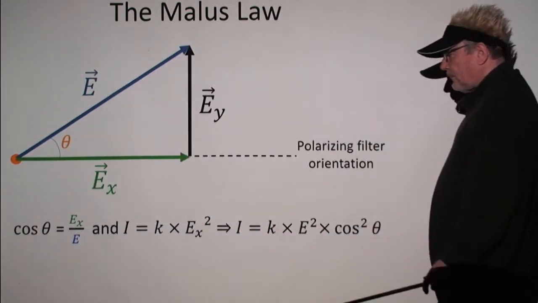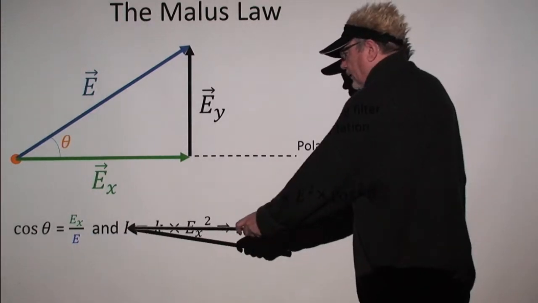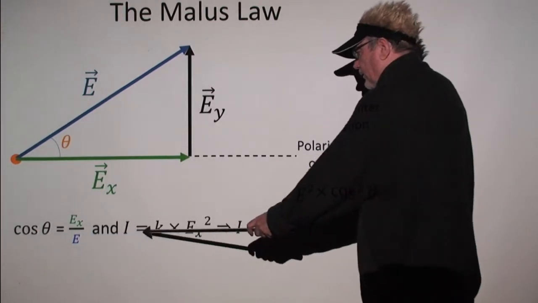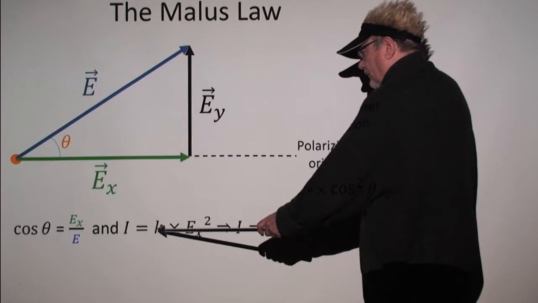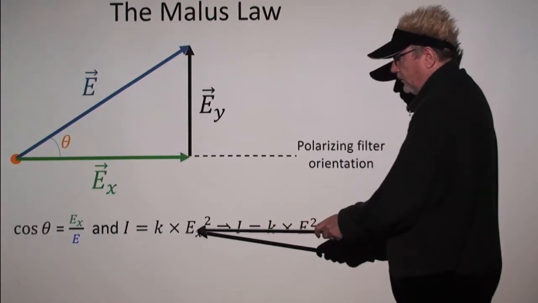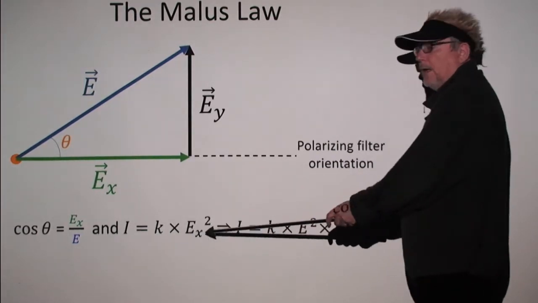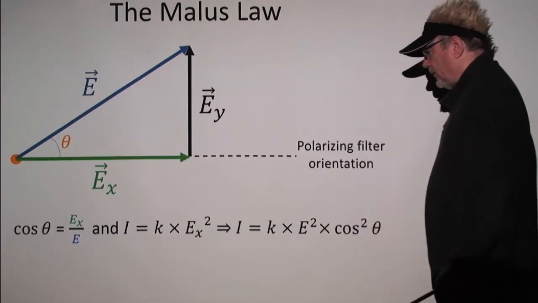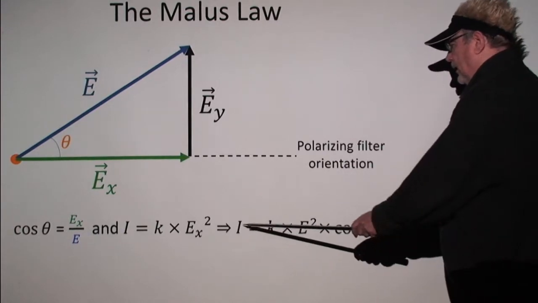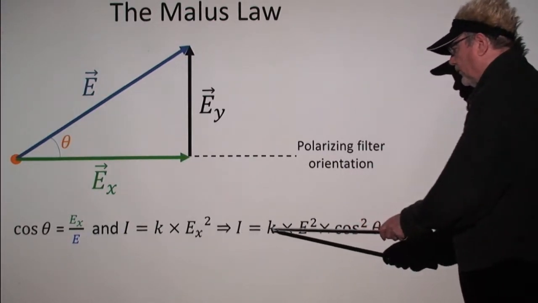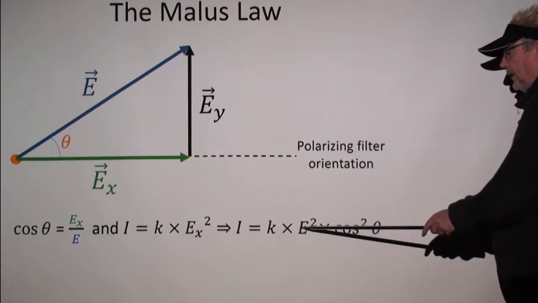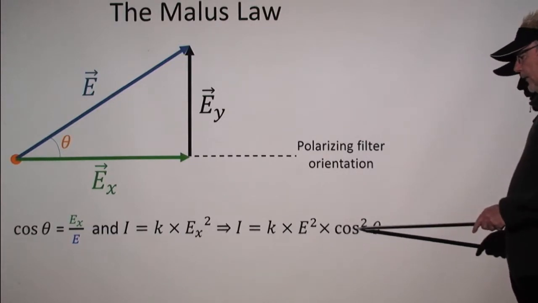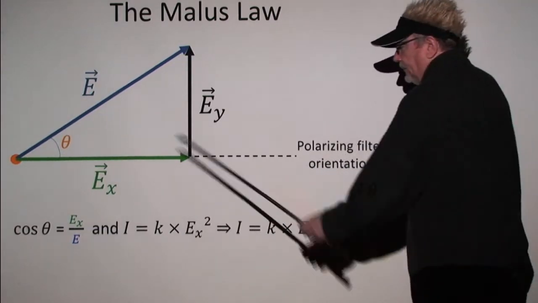Okay. Now, if we look at the intensity after the lens, it will be proportional to Ex squared. That's what we've just seen before. Therefore, it will be proportional to E squared times cosine square theta, because of this.